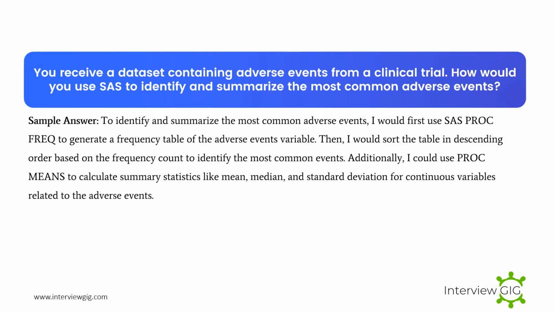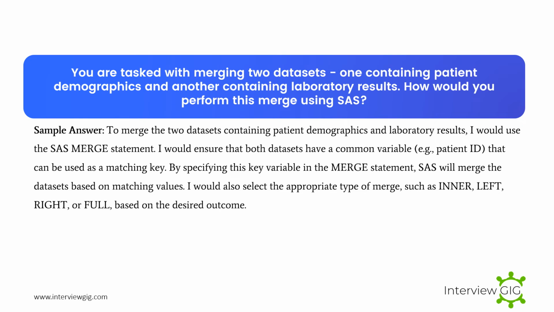Then, I would sort the table in descending order based on the frequency count to identify the most common events. Additionally, I could use proc means to calculate summary statistics like mean, median, and standard deviation for continuous variables related to the adverse events.